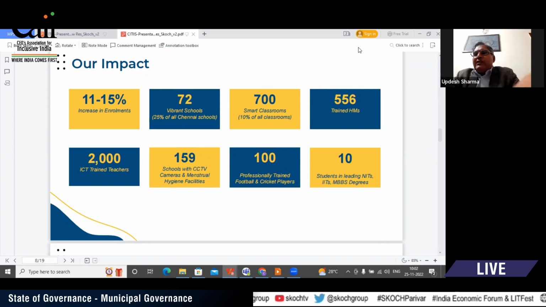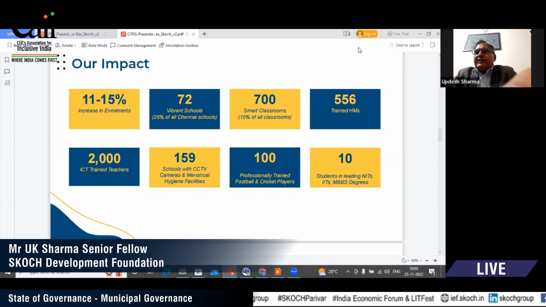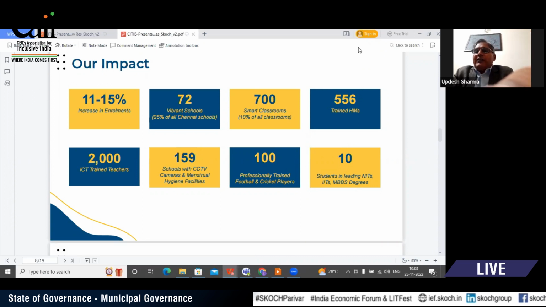That is the heart of the whole thing. I think you will agree with us that 50% of the contribution comes from that only. I still recall my good teachers and what they taught. It appears to me even after 50 years that they taught me yesterday only. So what is your plan to take care of that?